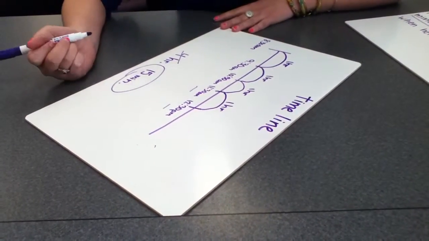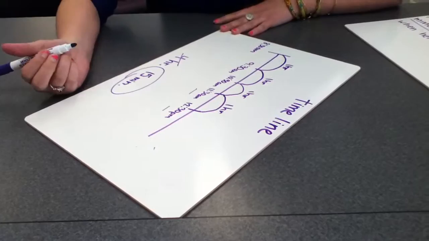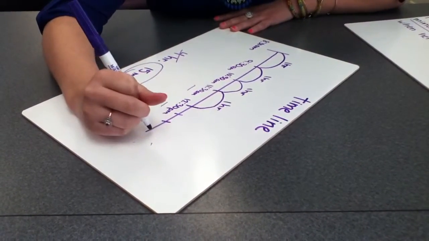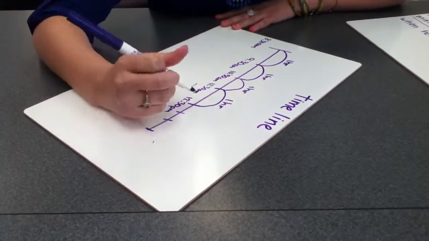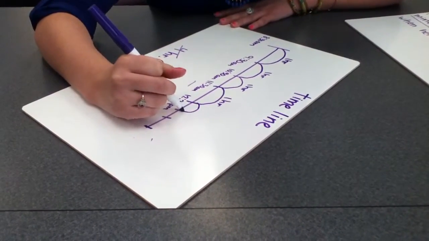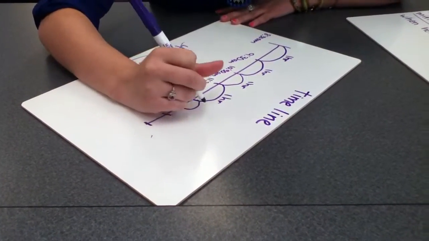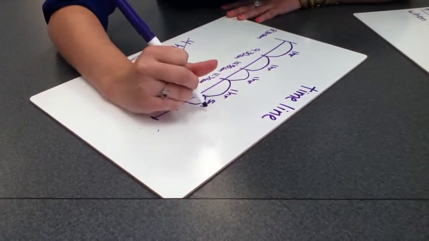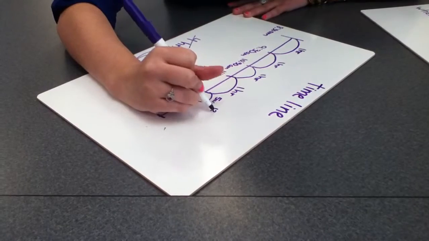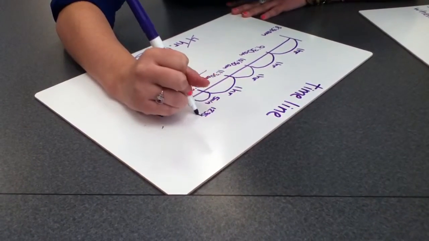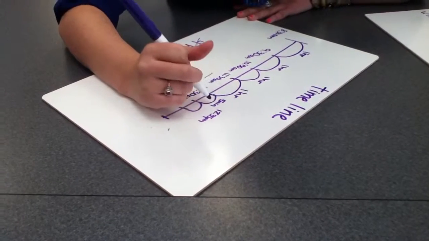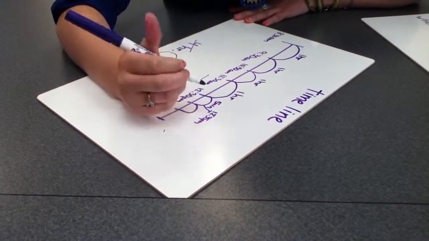So 15 divided by 5 is 3. So we have 3 5-minute groups. And we're going to jump 5 minutes. And that's going to put us, and I'm going to write it at the top because we're getting a little crammed down here, at 12:35. And I'm even going to label this because my number line is getting really crammed.